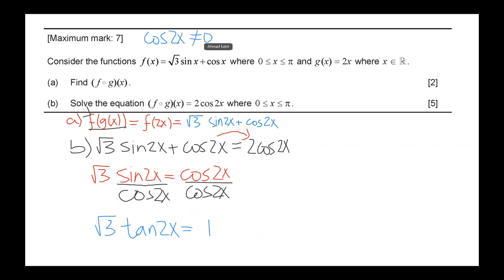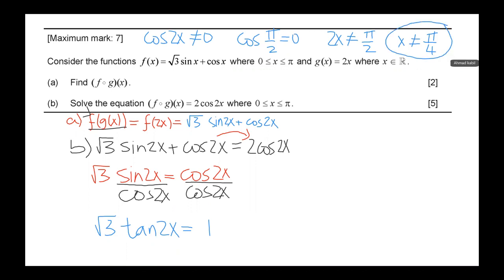You should know that cosine pi over 2 is 0, so we should make sure that 2x is not equal to pi over 2. In other words, x is not equal to pi over 4. If x, for any reason, ends up being pi over 4, then we have to reject this answer, because it would give us an undefined expression.